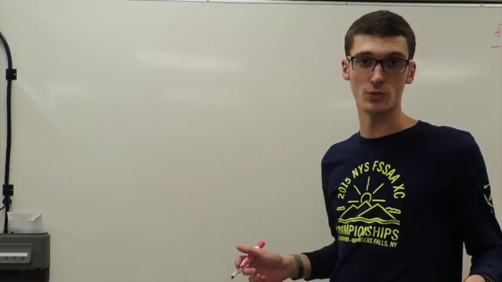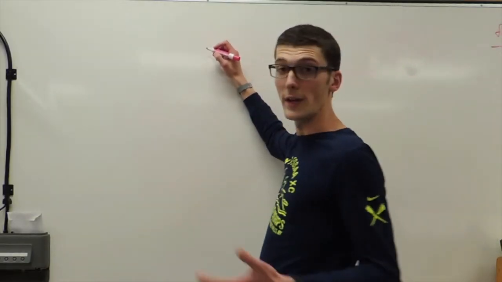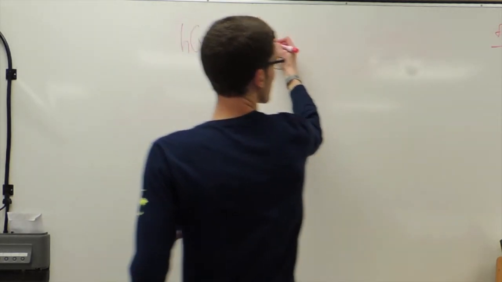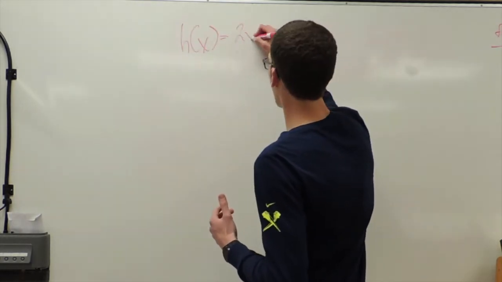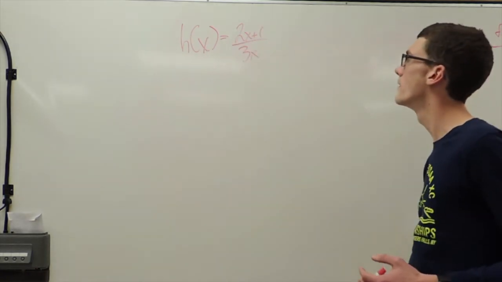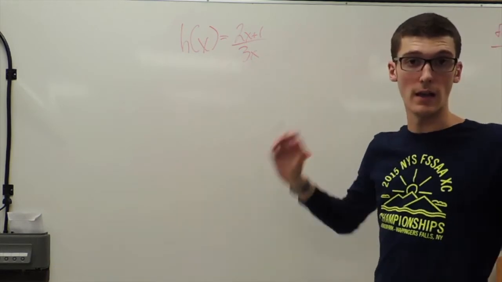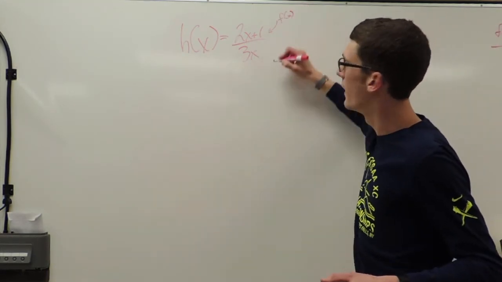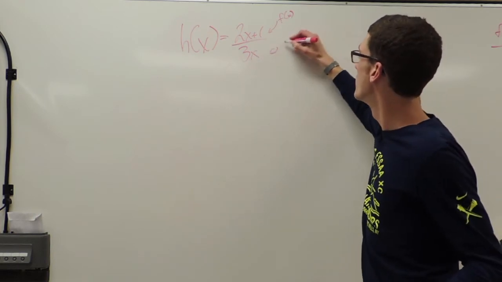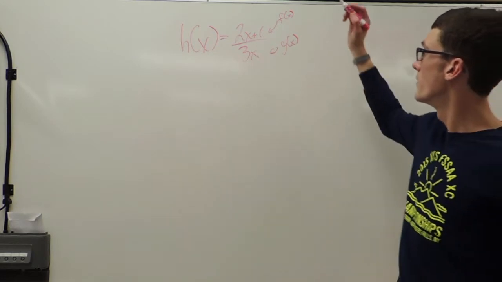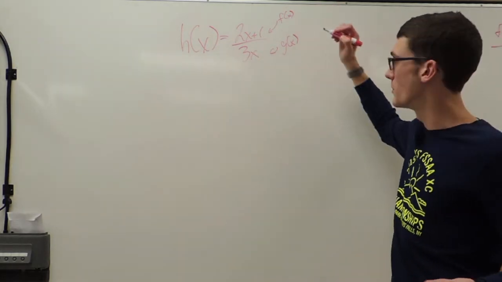For the problem of the quotient rule, we're going to do the equation h of x equals 2x plus 1 over 3x. We're going to start out by naming our variables. Up here, this is going to be f of x. And the denominator is going to be g of x. So using the formula, you take the derivative of the numerator and multiply it by the denominator.